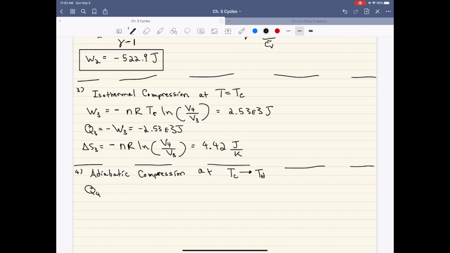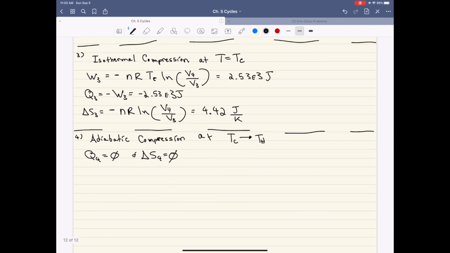Once again, Q4 is 0 because it's adiabatic, so delta S4 is also 0. For work, once again we're going to use the adiabatic work equation, where now we're looking at the difference between TH minus TC.